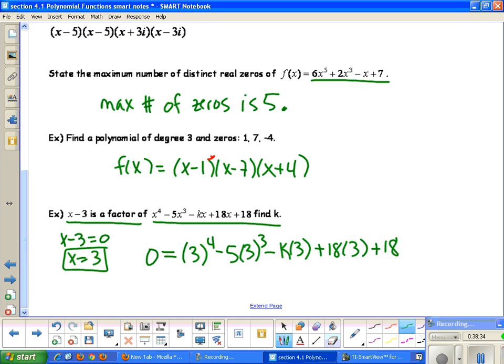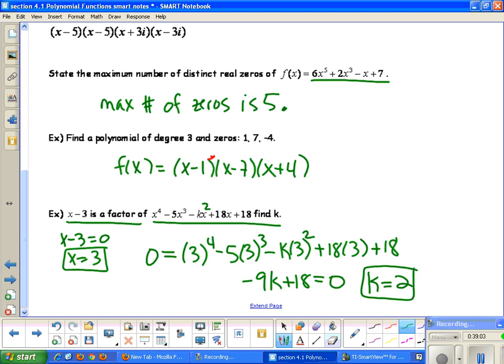So when I combine like terms, I would end up with, and you know what, I think I forgot the square there, so that should have been a squared. So let's go ahead and put this as a squared here. Sorry about that. When I do that, I end up with negative 9k plus 18 equals 0. And then when I solve this equation, I get k is equal to 2. And that would be my answer.